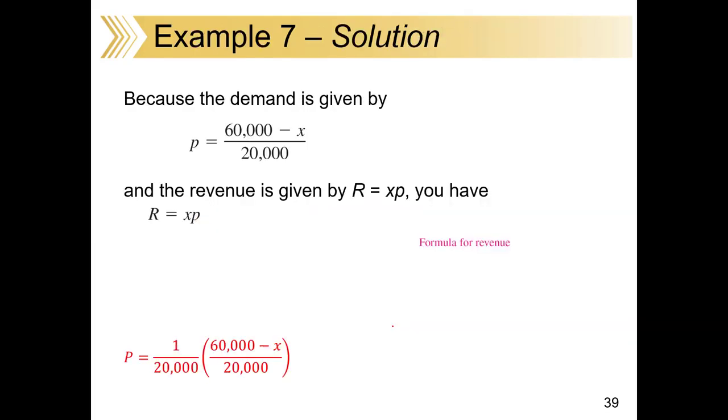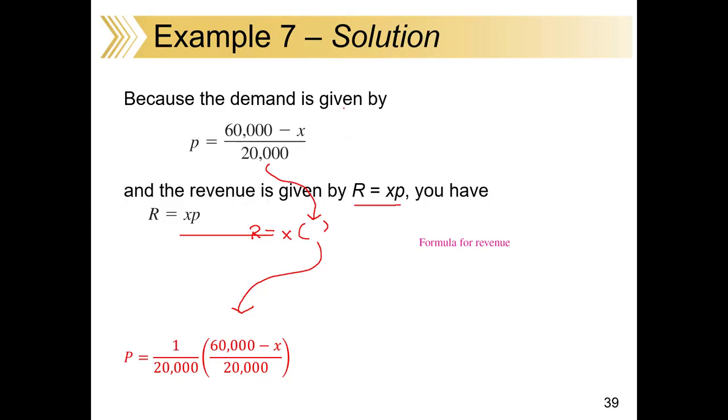There's our demand function, and the revenue is given by R equals XP. So revenue equals X, and bring this expression down here. A little bit of algebra, and that's what we've got.